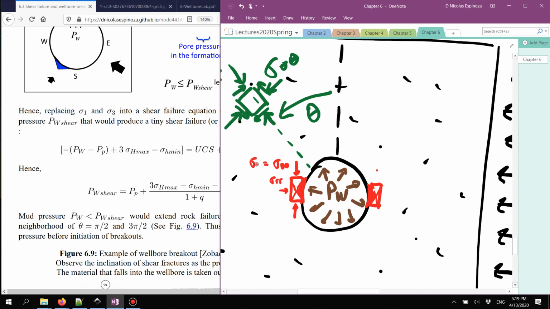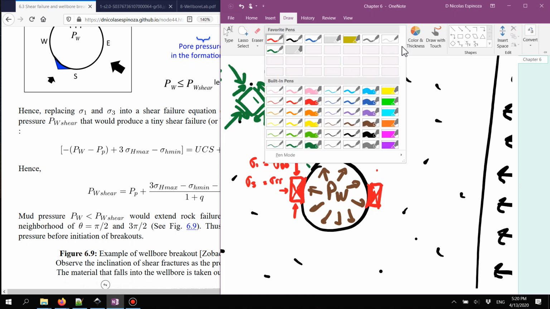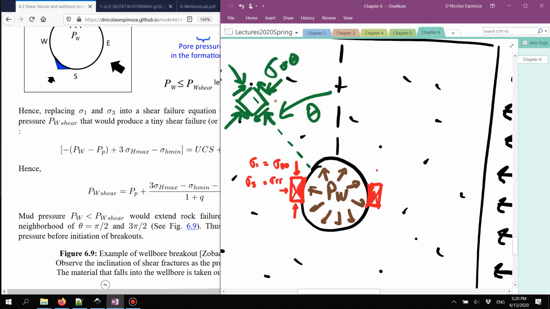Just as a reminder, this is sigma 1, and this one in this case is sigma 3. Let me decrease a little bit the thickness of my pen. Okay, now because I have a shear fracture in this location, I'm going to have a characteristic shape of these wellbores.